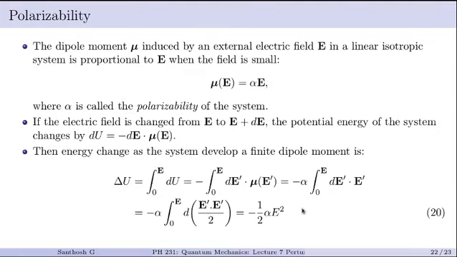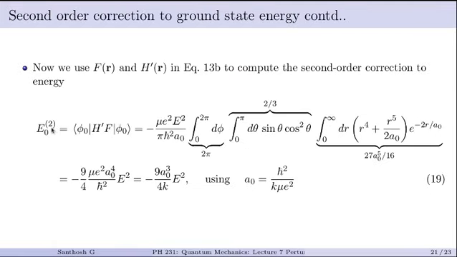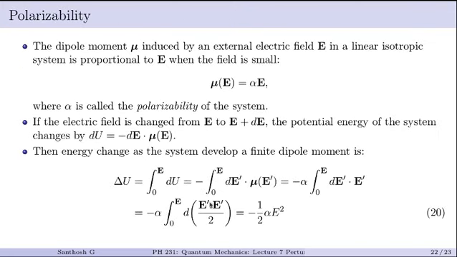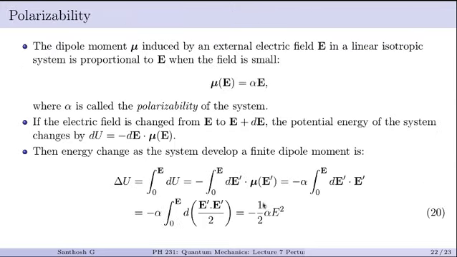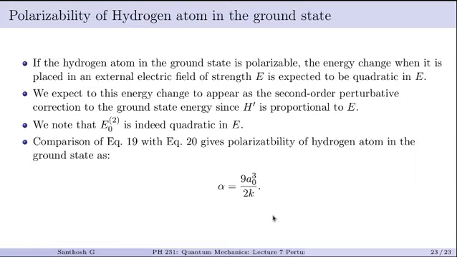Now we compare this expression with the second order correction to the ground state energy of the hydrogen atom when placed in an electric field. This is also proportional to E square, and therefore we identify this change in energy with the change in energy that is reflected in the second order correction. So if we equate those two terms, we can compute alpha, and we see that alpha is given by 9 a0 cubed by 2k.